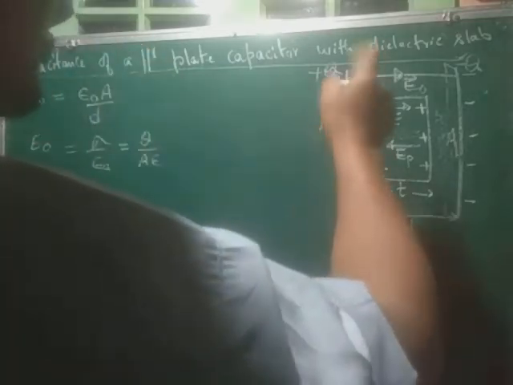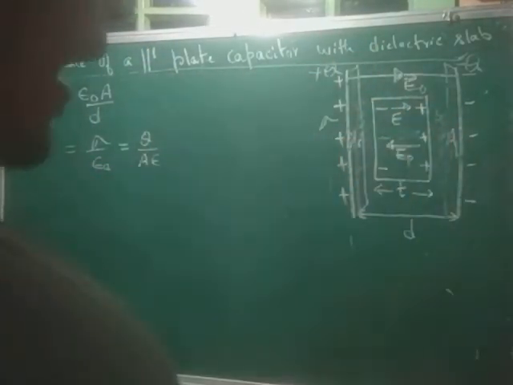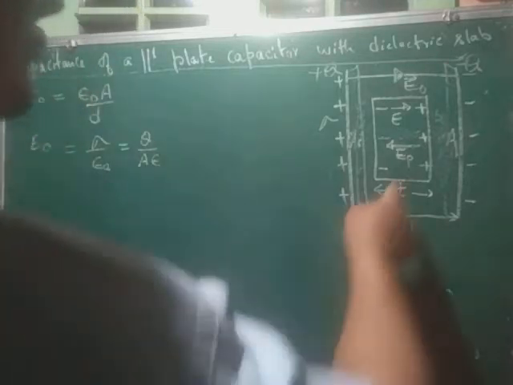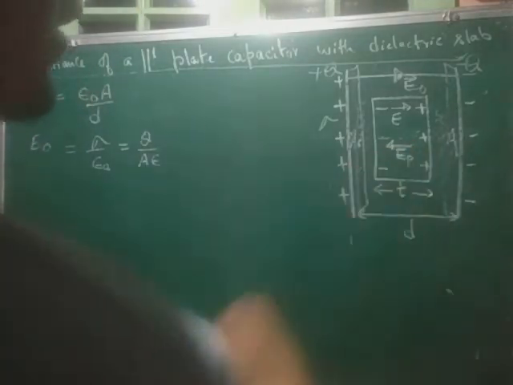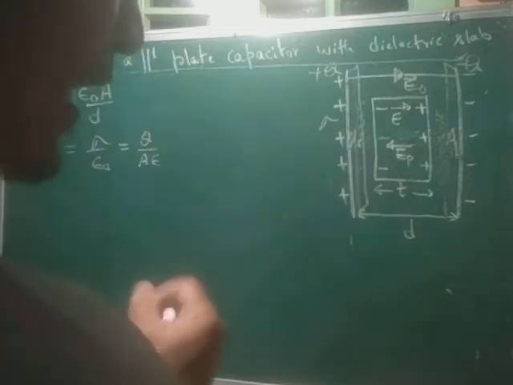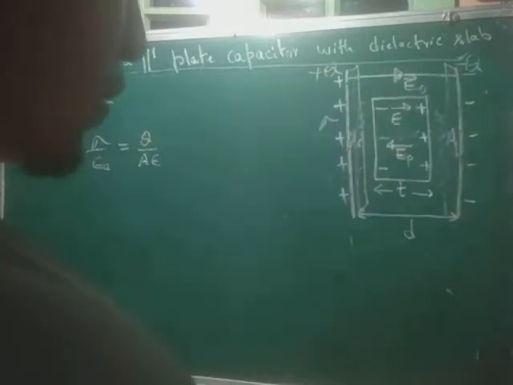Now when we introduce a dielectric between the plates, what happens? We have seen in the previous video that there will be an induced field inside the dielectric, which is EP, and this EP acts opposite to the applied field E naught.